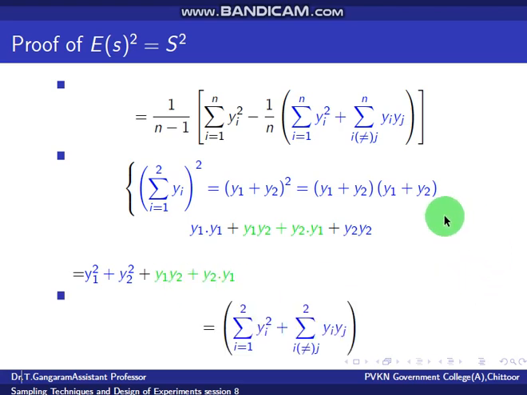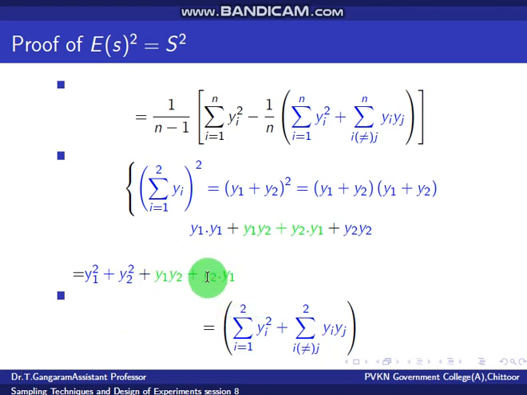This expansion is summation i is equal to 1 to 2 yi square, i is equal to 1 this term, i is equal to 2 this term, plus summation i not equal to j, yi yj, the i not equal to j terms.